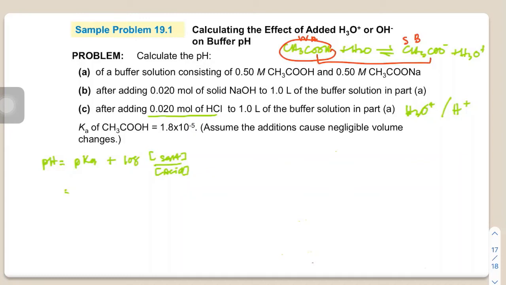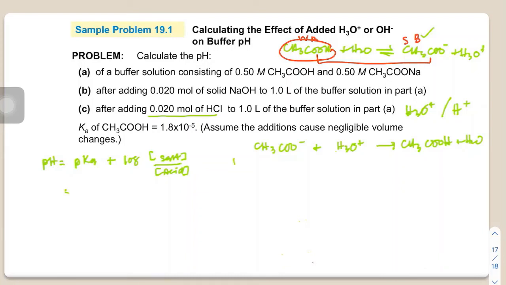Okay, because H3O plus is an acid, acetate is the base. So we have to construct the reaction table. So the reaction table will be acetate reacted with the H3O plus being added from the acid of HCl. Then it turns to CH3COOH plus H2O.